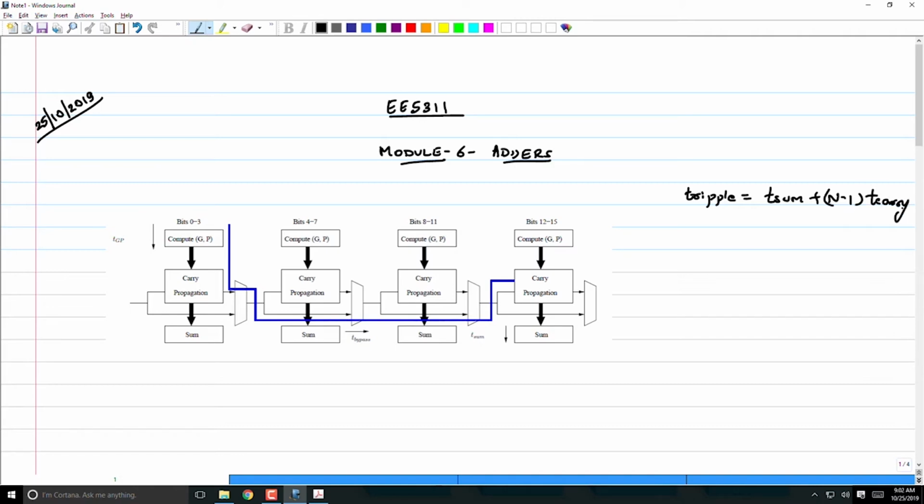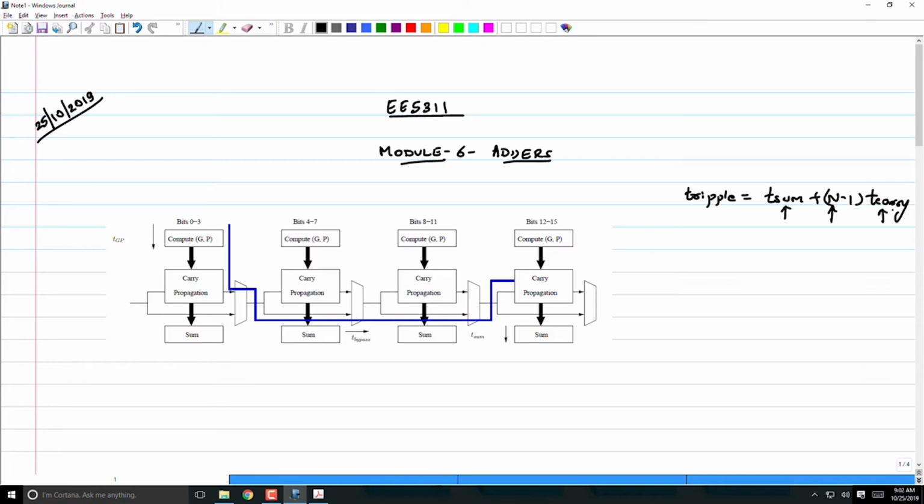If this is the case, then the delay is determined primarily by n. So it doesn't matter how much you can decrease T sum and T carry at a circuit level. You're limited by n, and therefore you have to start thinking of various architectures of ripple adders.